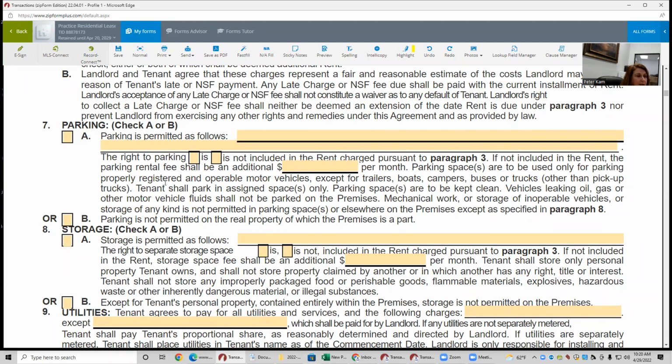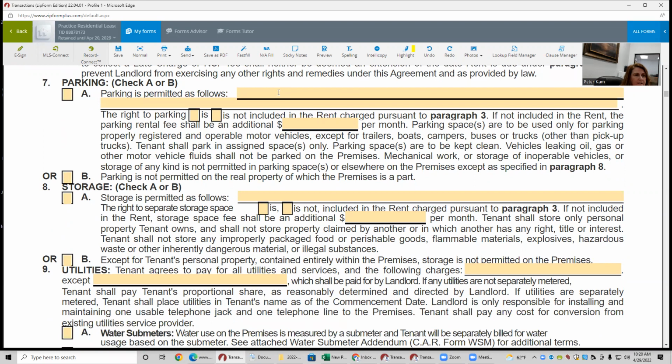The right to parking generally is included, but if it's not, check is not. And if there's an additional charge for parking, put it here. Normally around our area, I haven't seen that, but again, that could occur down in some beach areas where it's very tight. So make sure you're not leaving this blank. Even if it's abundantly clear to you where they would park, it might not be clear to somebody else. So just fill it in, put the parking space number, if it's 1 or 2 spaces, or if it's an attached garage to the unit, okay?